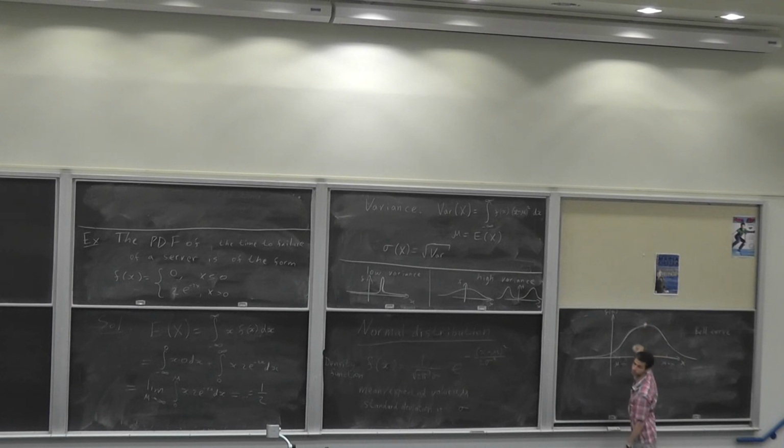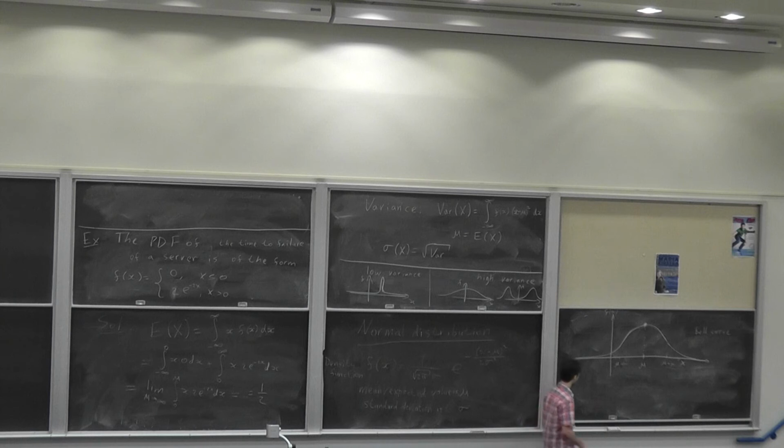The largest point of this curve is at x equal to mu. The largest concentration of probability is around the mean, and then as you go further and further, it becomes really, really small. If you go 2 or 3 standard deviations from the mean, it becomes almost zero.